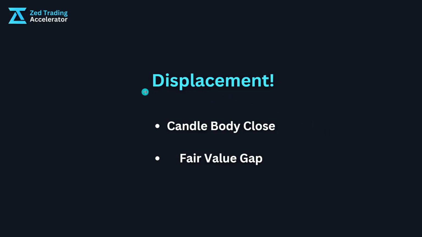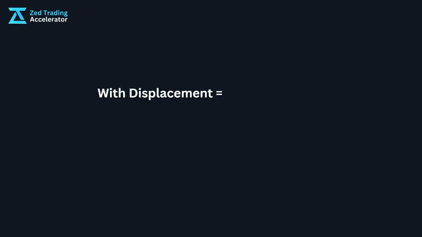All right, so if there's displacement, what will the price do? It will be a market structure shift. All right, but if there is no displacement, it means we are having a liquidity grab. So displacement equals continuation.